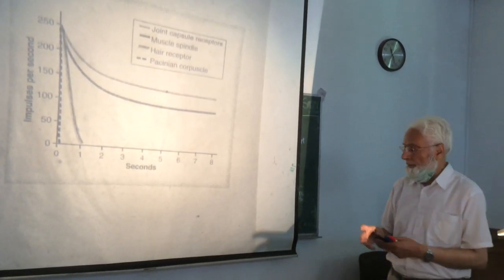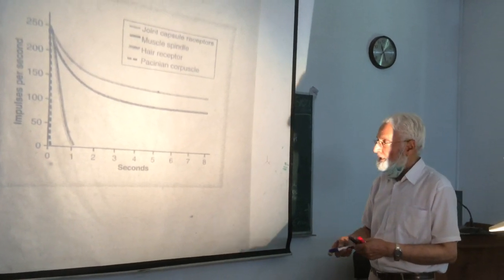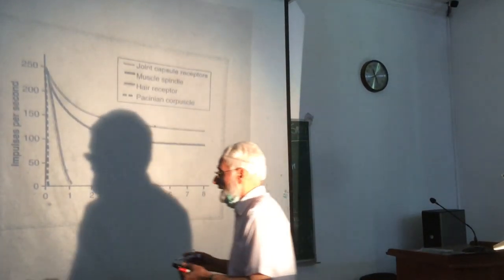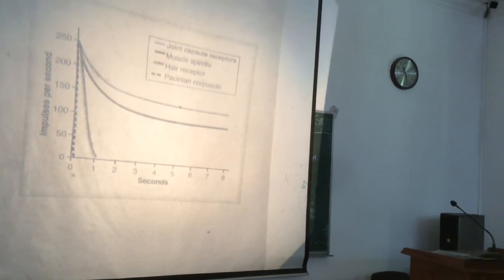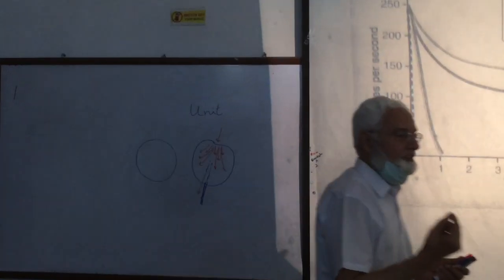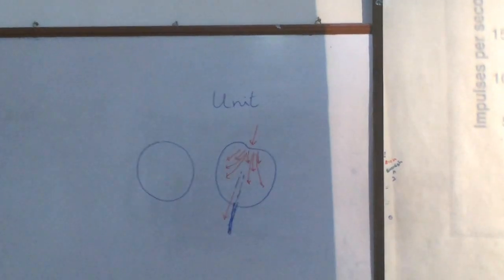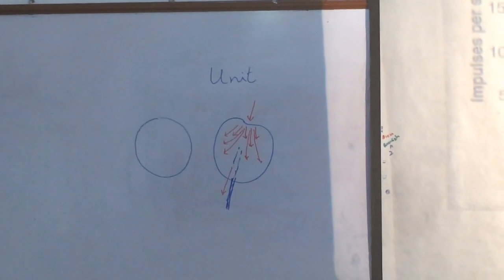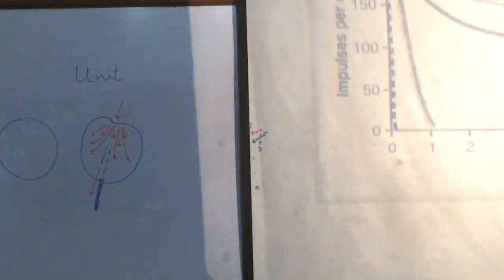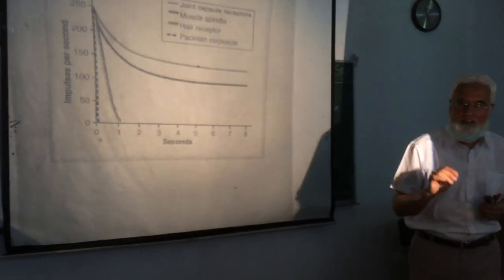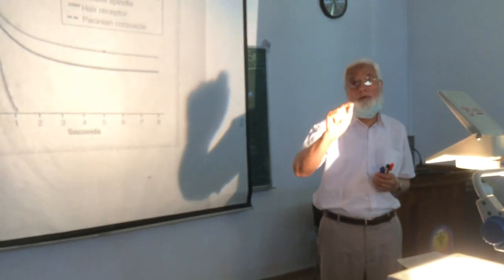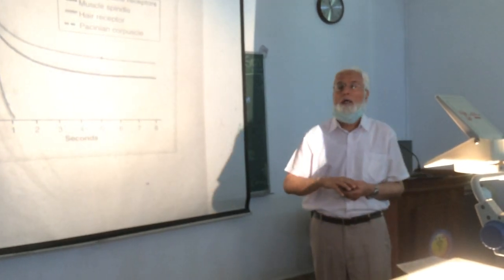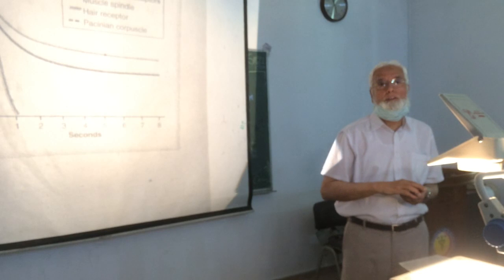The next property of sensory receptors is the sensory unit. What is a sensory unit? A sensory unit is a single sensory nerve fiber along with its peripheral branches.